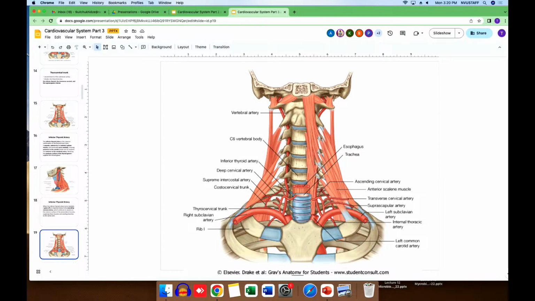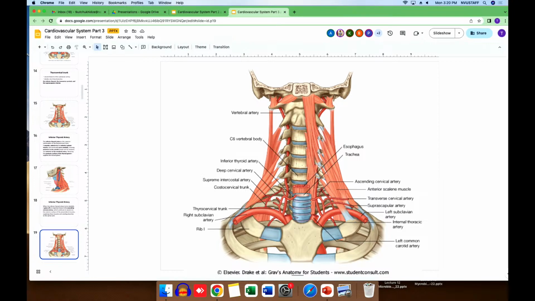Another branch that our thyrocervical trunk is giving is the middle branch. And this branch is called the transverse cervical artery. And the transverse cervical artery is this. So just to summarize what we've talked about already, we are having the subclavian artery.